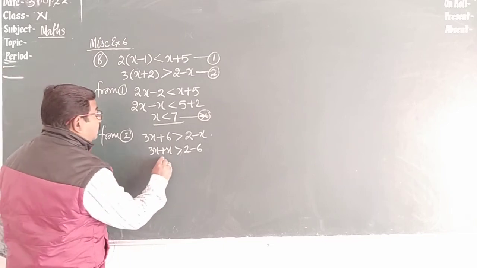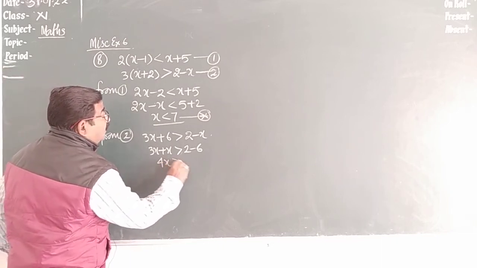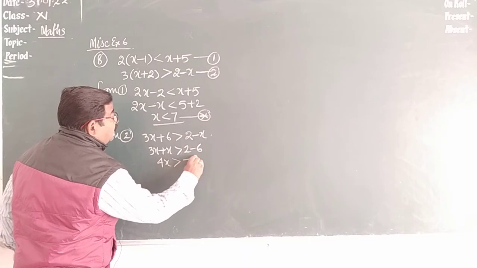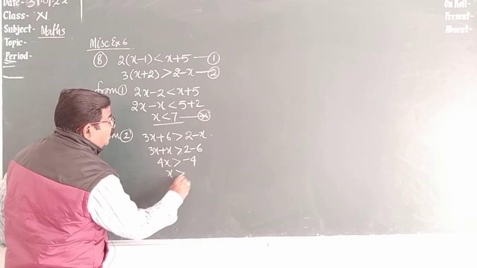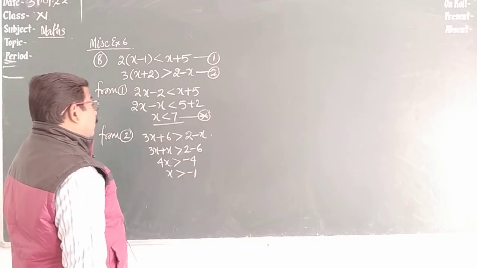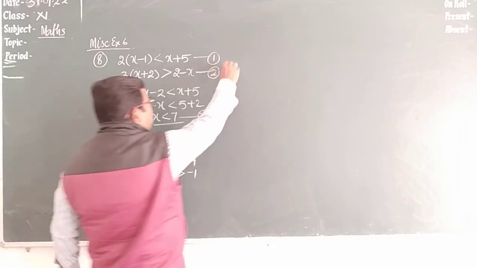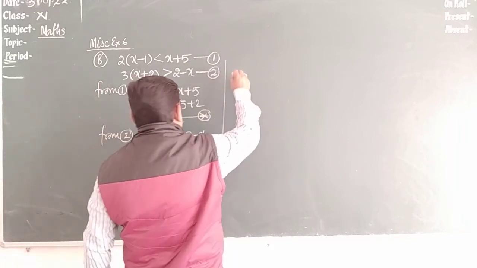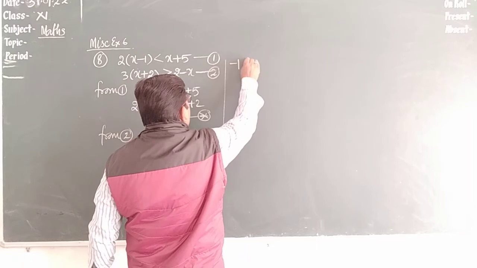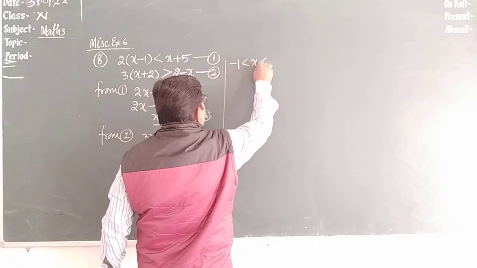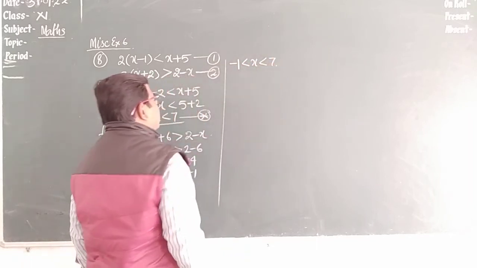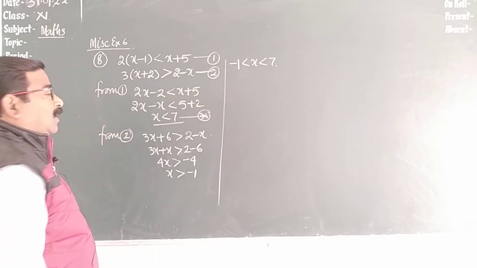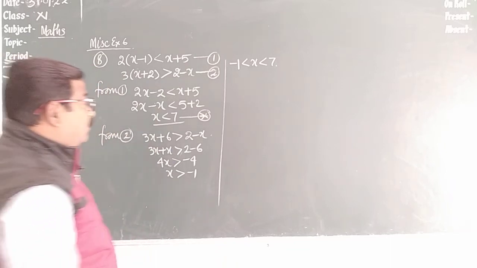So we have 4x is more than minus 4. x is more than minus 1. So what is the result? The condition is minus 1 is less than x is less than 7. This is the answer. Now we have to plot this on the graph.